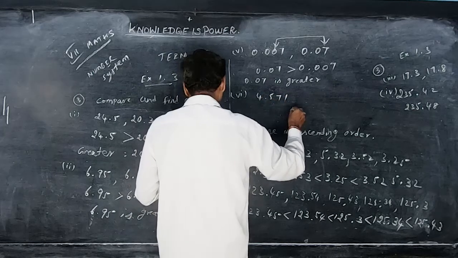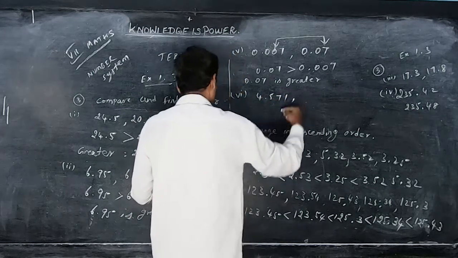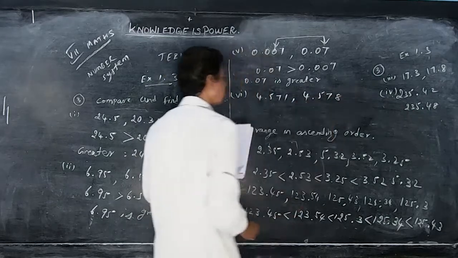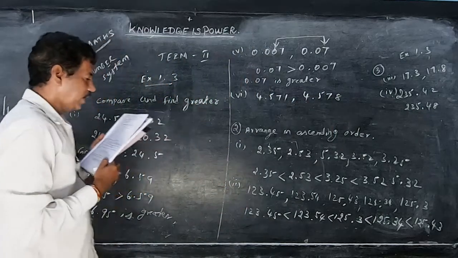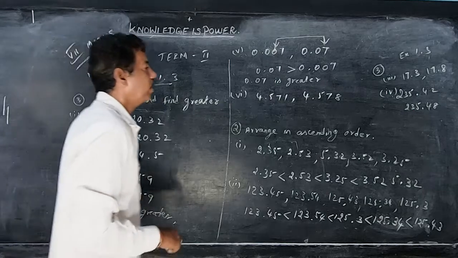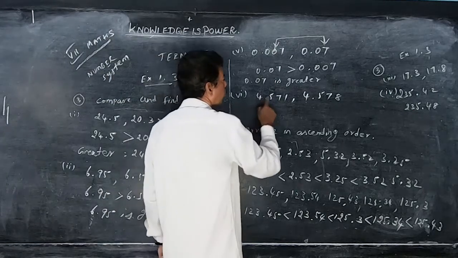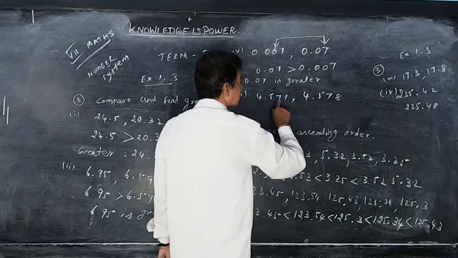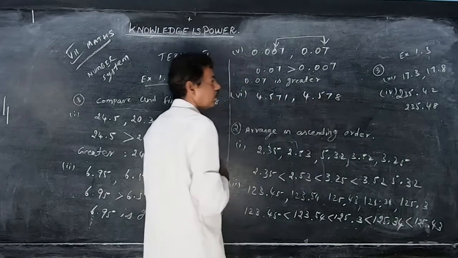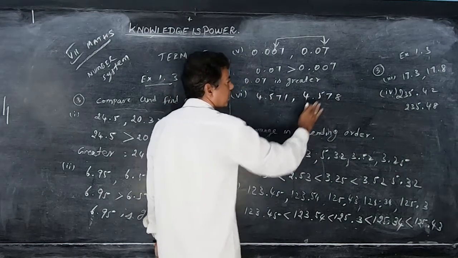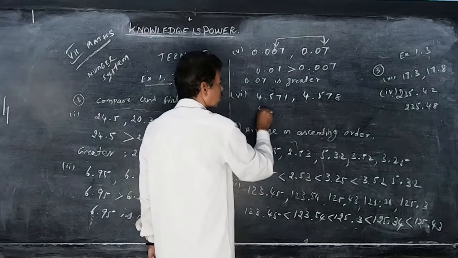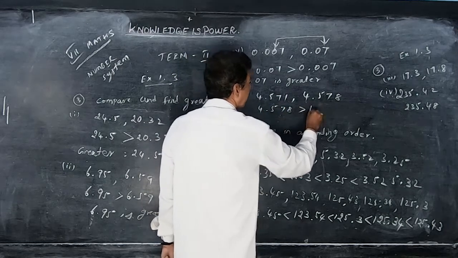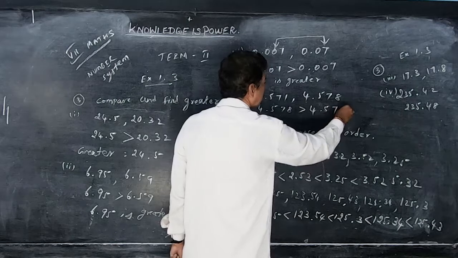4.571, comma, 4.578. Okay, 571 and 578. Here is 4.571, 4.578, here there is 71, 78. According to this, which one is greatest? This one is greatest. 4.578 is greater than 4.571.